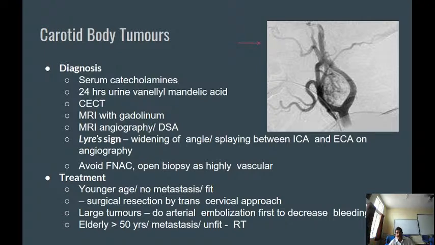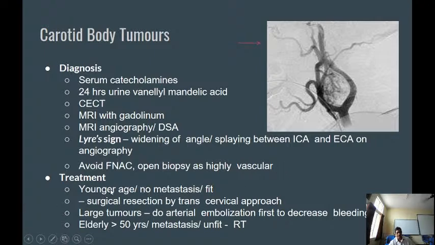The diagnosis is usually made by radiological diagnosis, contrast enhanced CT, and MRI with gadolinium, and MR angiography to see the various blood vessels which feed the tumor. Usually FNAC is avoided because it's vascular and can bleed.